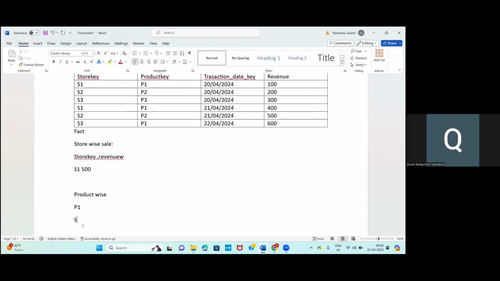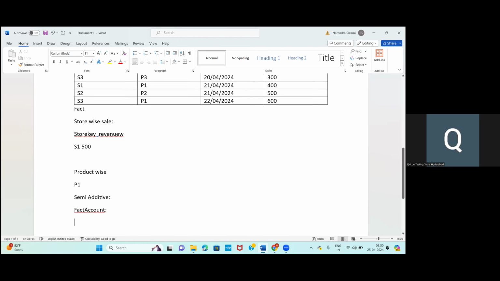Okay. And semi-additive. Semi-additive is a simple thing, I will explain it by the table. Okay. I will take one account table. This is like a fact account, we can say.